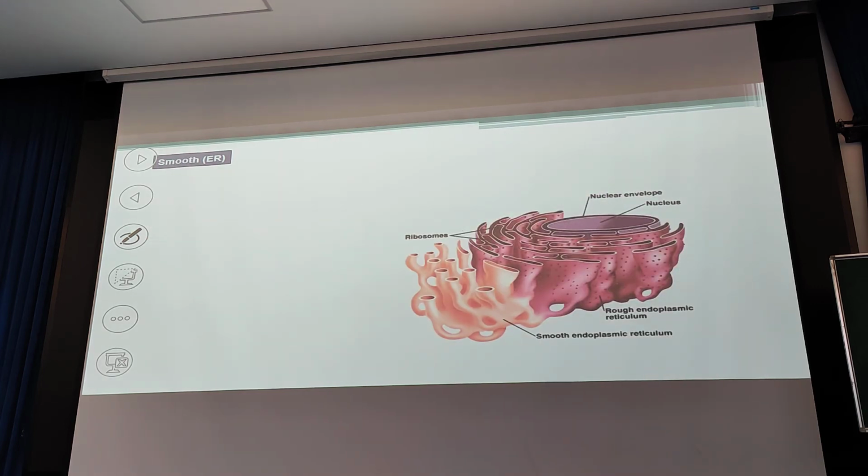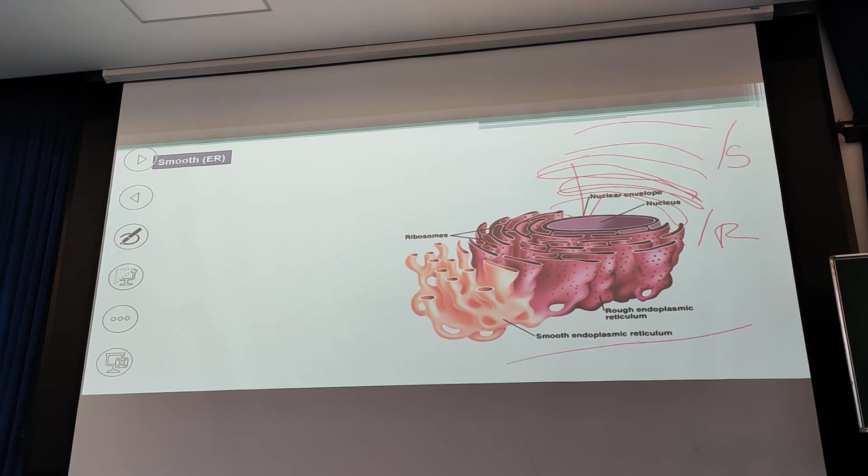The other type of ER is the smooth ER. Here in the center of this picture you can see the nucleus, and the rough ER is surrounding it, and then we have the smooth ER.